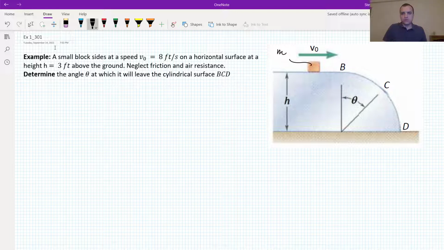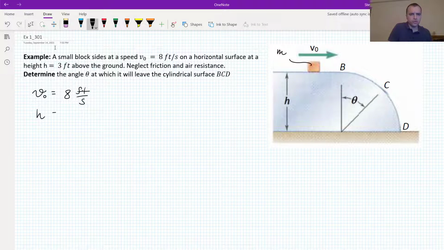We also know that the height of this horizontal surface is h, and what they ask us for is to find angle theta at which our block loses contact with the cylindrical surface BCD. So these are our knowns. Velocity 0 is 8 feet per second.